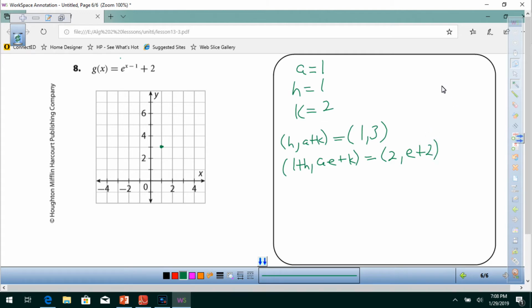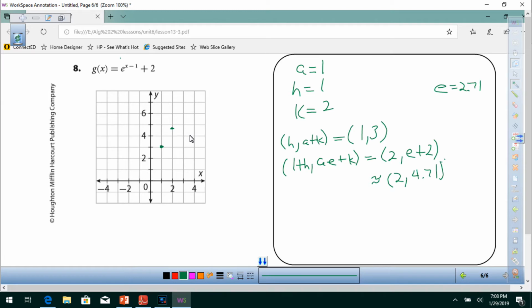Well, remember, e is 2.71. So that's going to be approximately 2 and 4.718, however you want to say it. So 2 and then 4.718, that's going to be right about there.